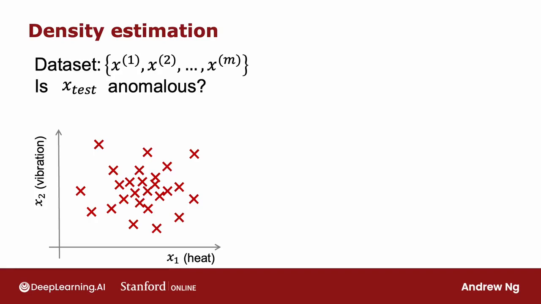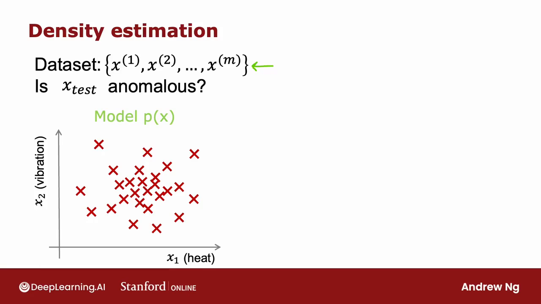And what that means is, when you're given your training set of these M examples, the first thing you do is build a model for the probability of X. In other words, the learning algorithm will try to figure out what are the values of the features X1 and X2 that have high probability, and what are the values that are less likely or have lower probability of being seen in the dataset.